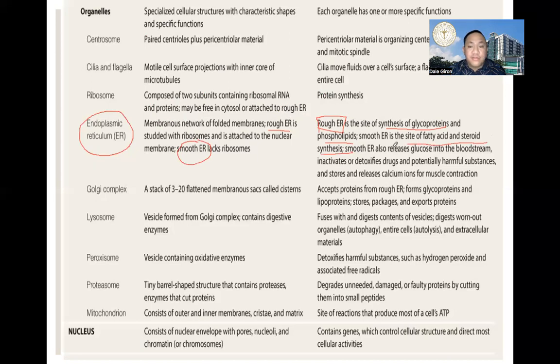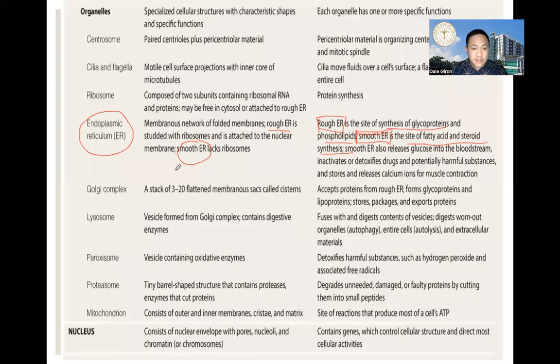Please take note of that. Again, rough endoplasmic reticulum for synthesis of glycoproteins and phospholipids, while smooth endoplasmic reticulum is for fatty acid and steroid synthesis.